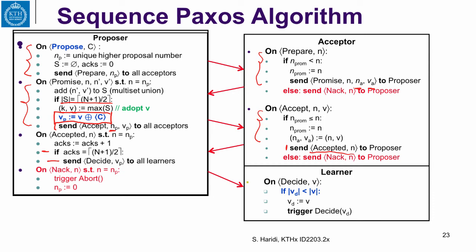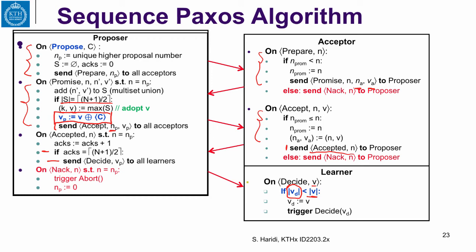On deciding by sending that sequence to the learners, and if that sequence is longer than what was already decided, then you trigger a new decide with a longer sequence. In all other cases, the algorithm basically aborts.